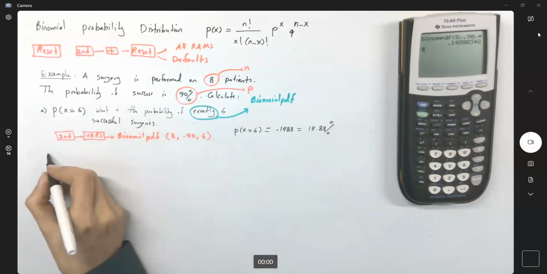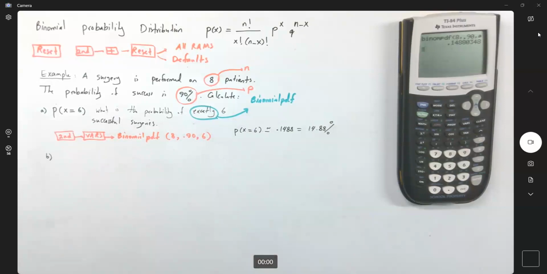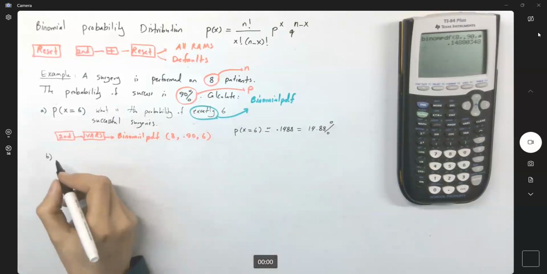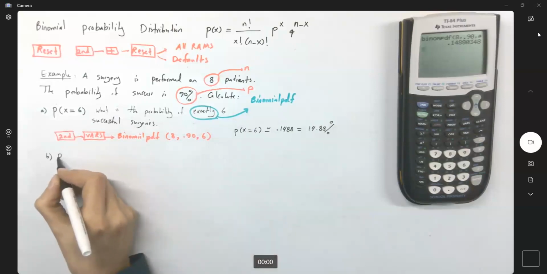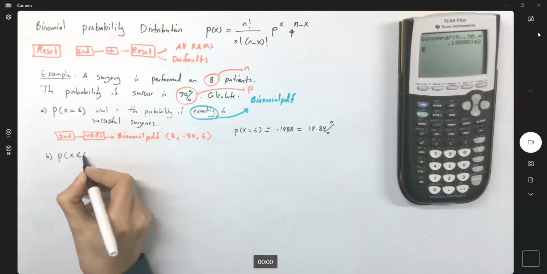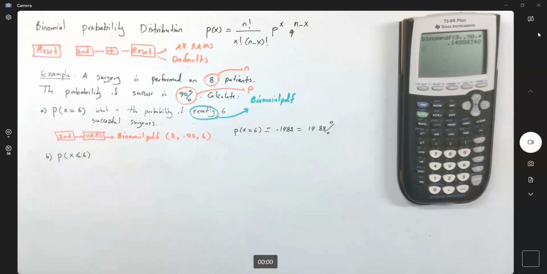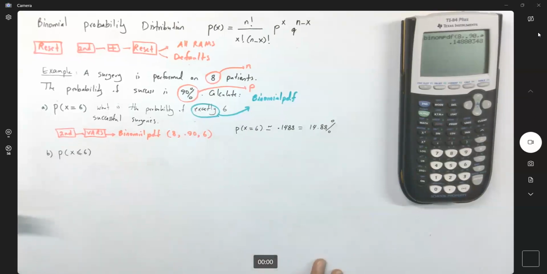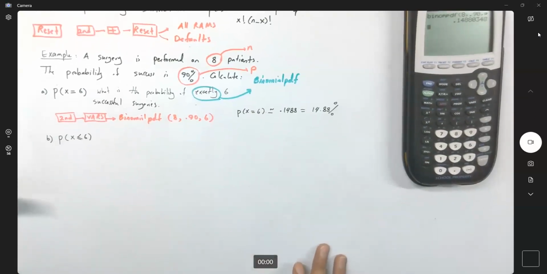Let us move on to the next example. Suppose now the question says, I want to know the probability that I have at most 6 successful surgeries. First of all, this is the mathematical notation.